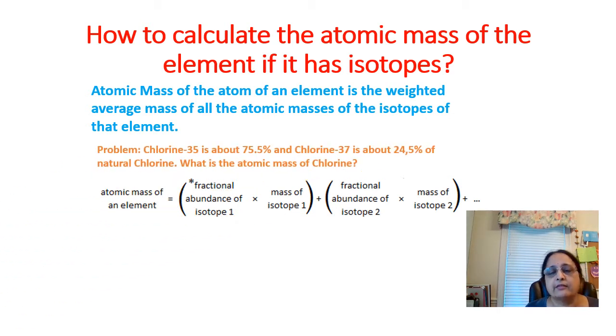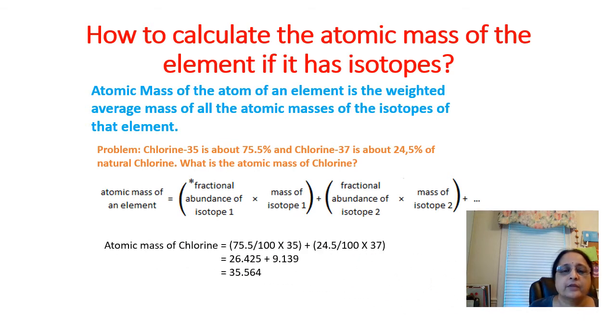Chlorine 35 is about 75.5% abundance and chlorine 37 is about 24.5% of natural chlorine. Then what is the atomic mass of chlorine? So by using this particular formula, input the data that has been given in the problem. So atomic mass of chlorine is 75.5 by 100 multiplied with 35.